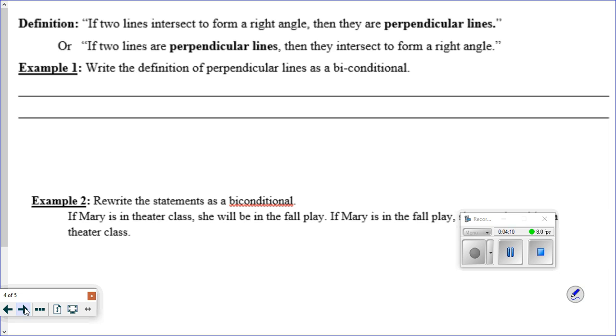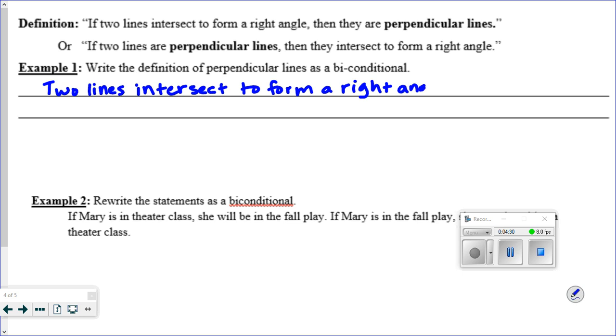Two lines intersect to form a right angle. Okay, so I have this part here, two lines intersect to form a right angle.